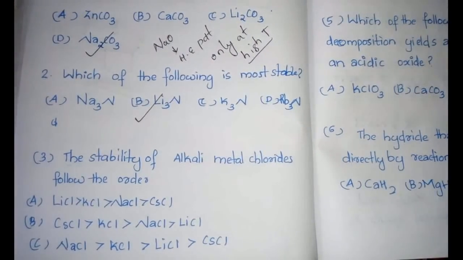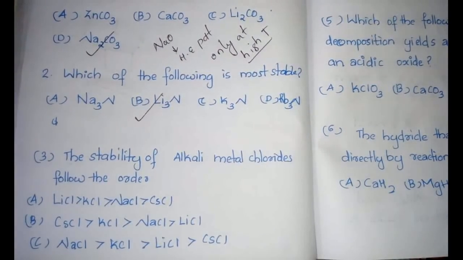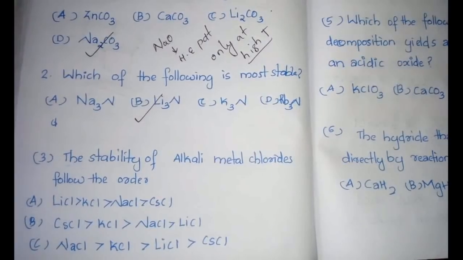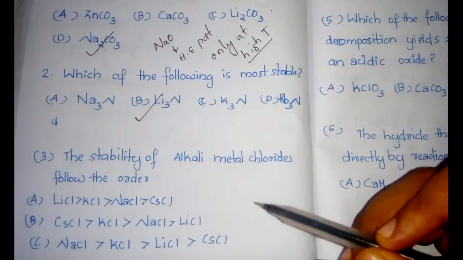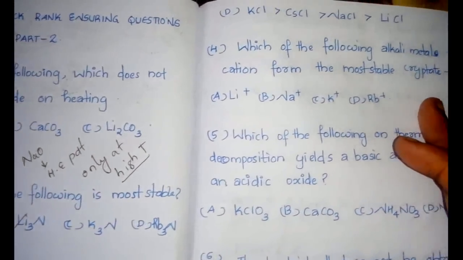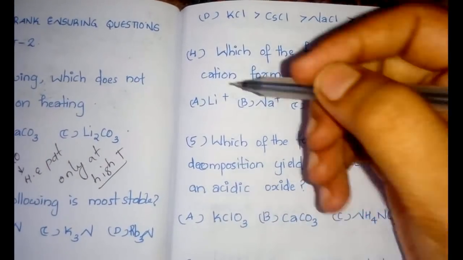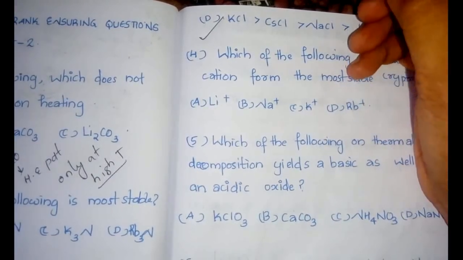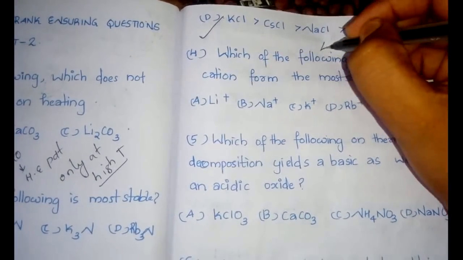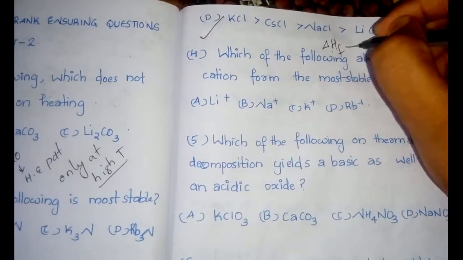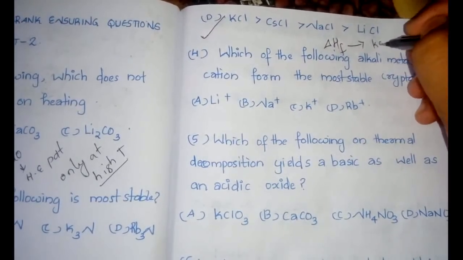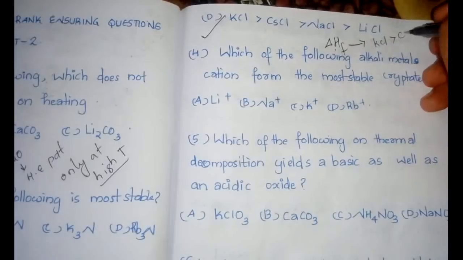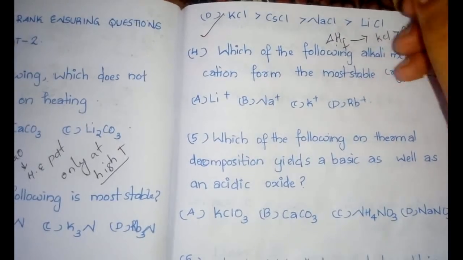The third question here is about the stability of alkali metal chlorides. Which order does it follow? Three different options are given here, and the fourth one is given up here, and the answer is option D. It is because stability depends upon the enthalpy of formation, and the value for KCl is greater than CsCl, greater than NaCl, greater than LiCl.